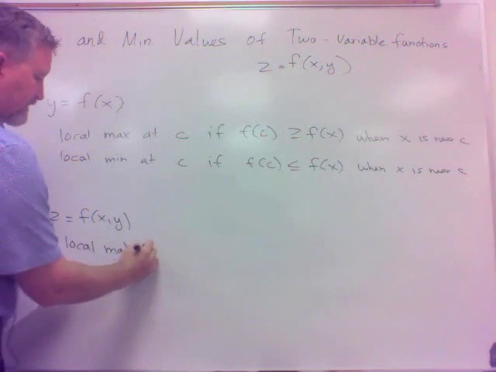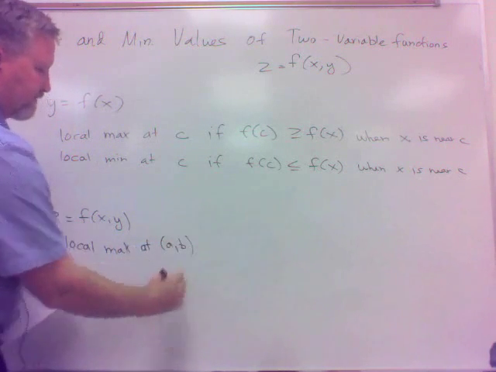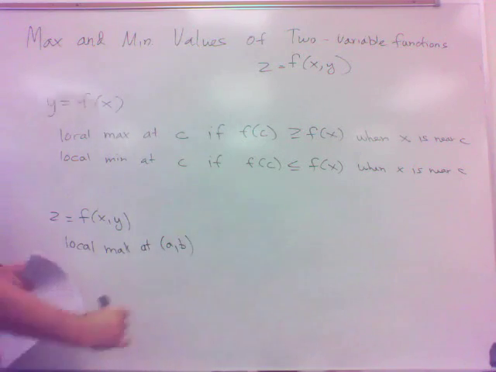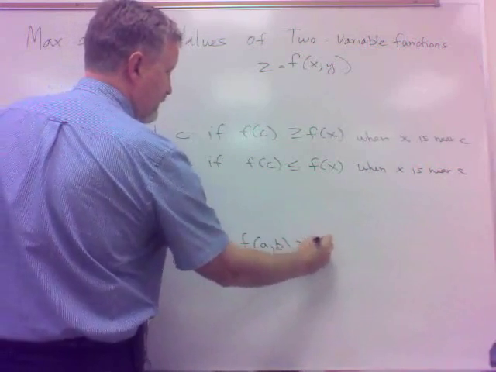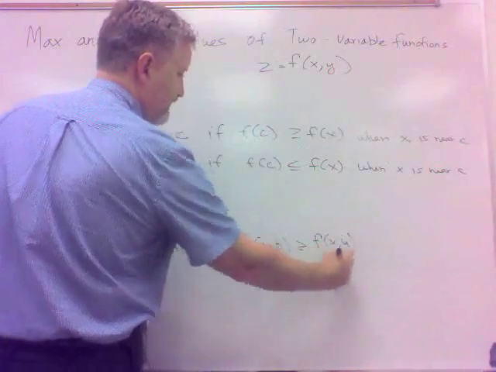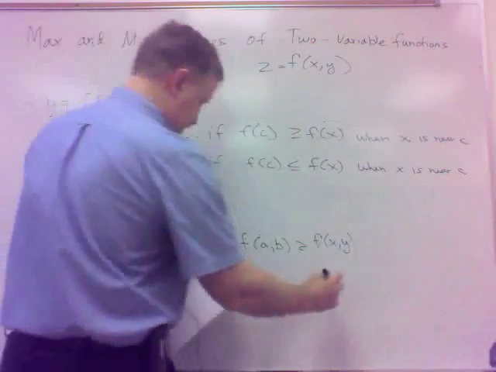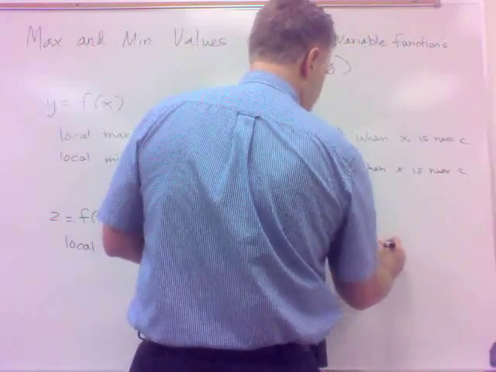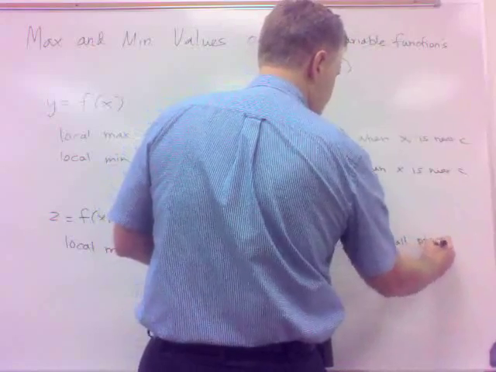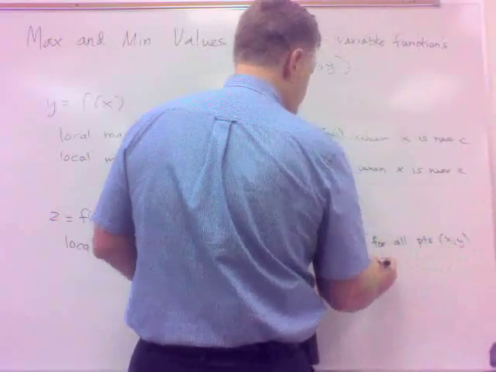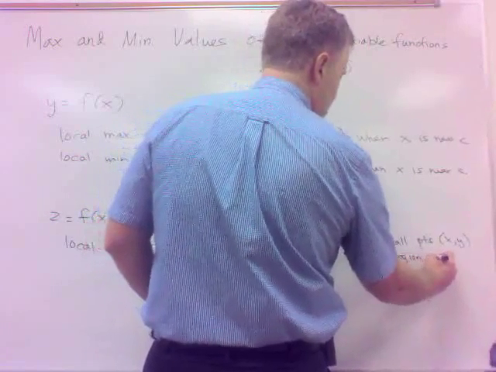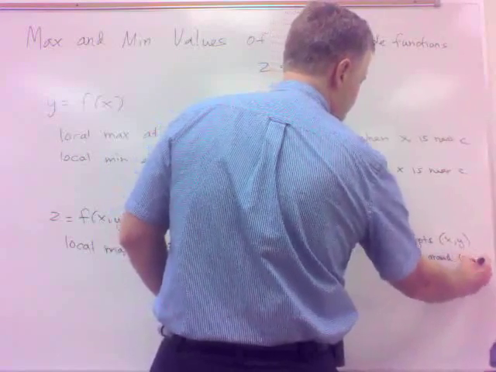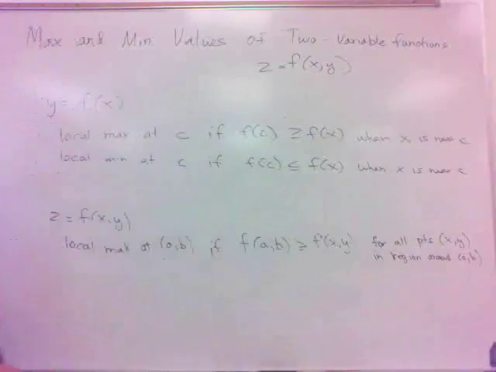So you have a local max at, and they use a, b for the point, if, but it's the same idea, f of a, b is greater than or equal to f of x, y for all points x, y in a region around a, b. The minimum is very much analogous there.